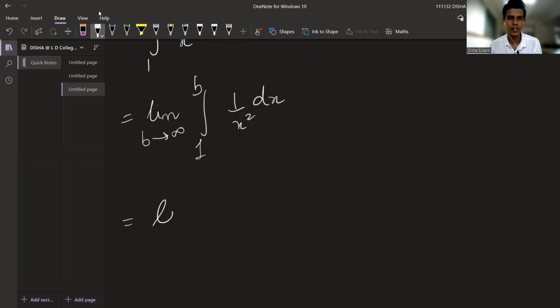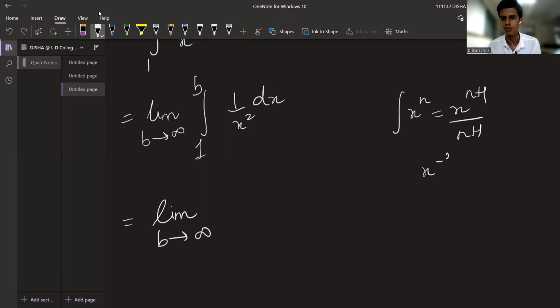This would be limit b tends to infinity. Okay, so integration of 1 by x square, you know that integration of x raised to n is x raised to n plus 1 upon n plus 1. In this case, it is x raised to power minus 2. 1 by x square means x raised to power minus 2. So it would be x raised to power minus 2 plus 1 upon minus 2 plus 1, which is minus 1 by x.